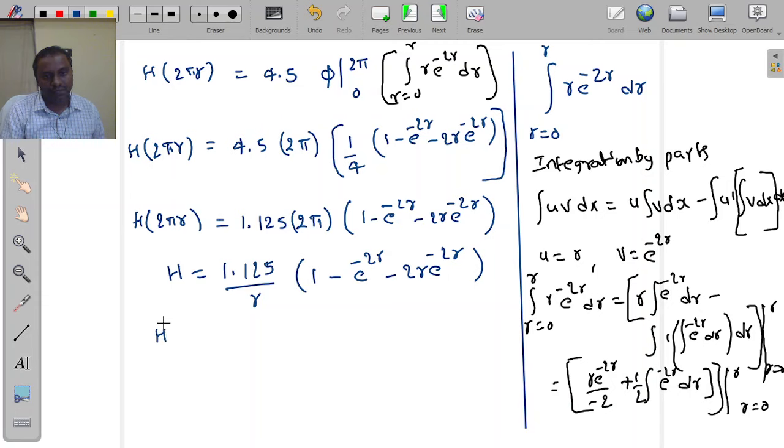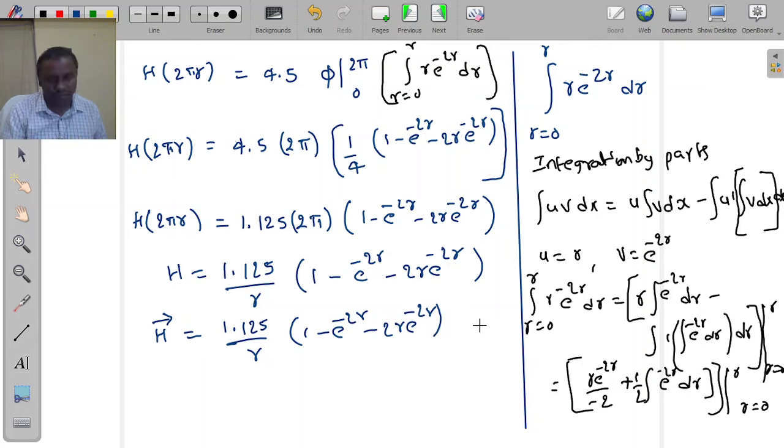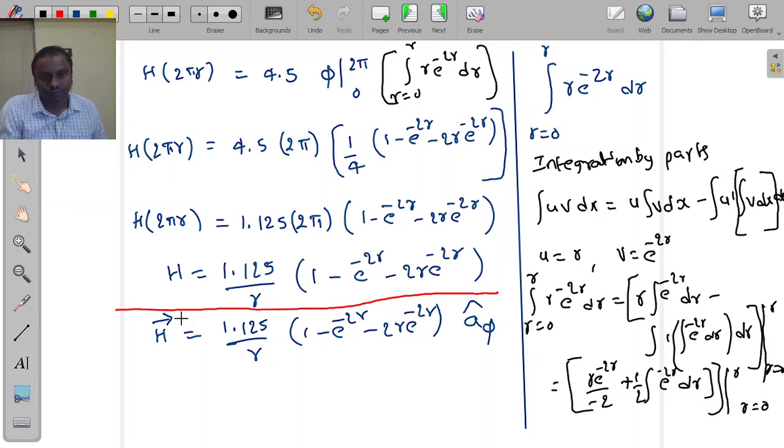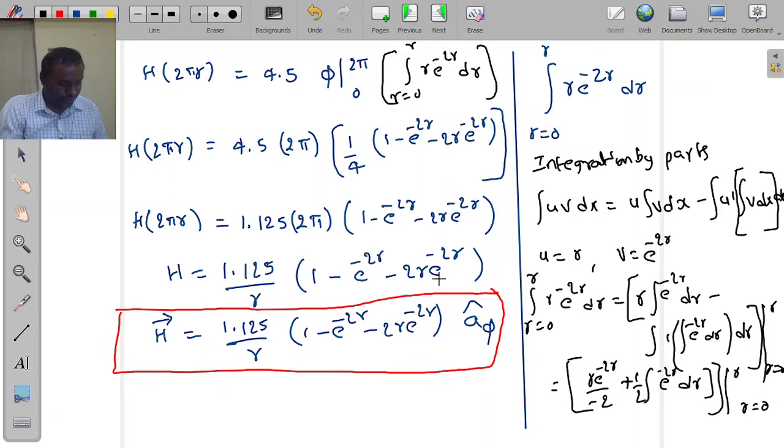If you write in terms of the vector, h will become 1.125 divided by r, 1 minus e power minus 2r minus 2r into e power minus 2r into unit vector along the phi direction. So this is the answer. Units are ampere per meter for the range of r less than 0.5 meters.